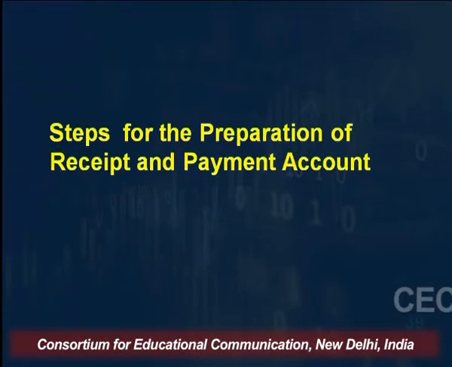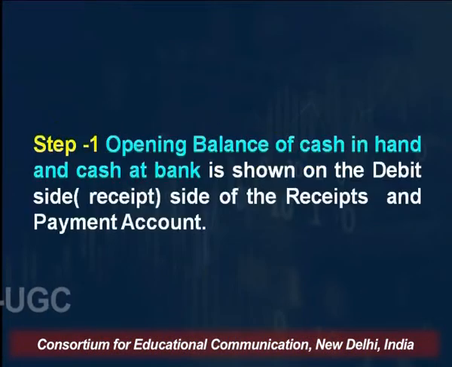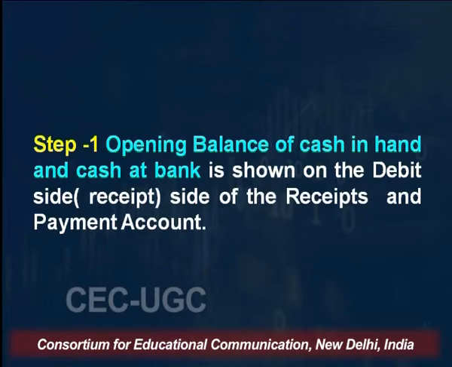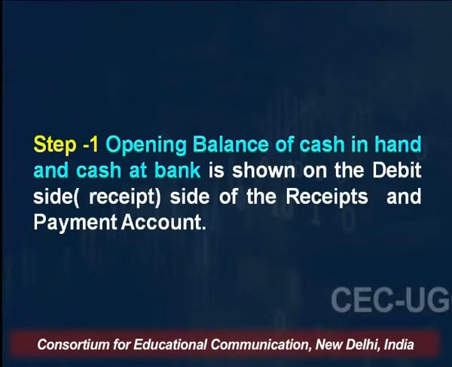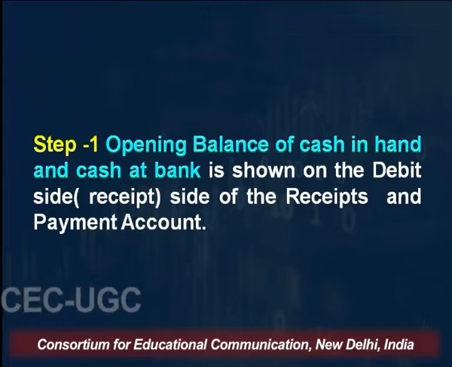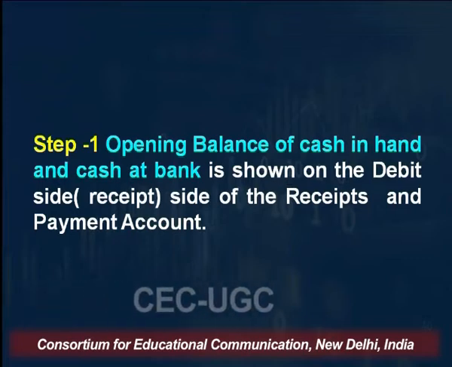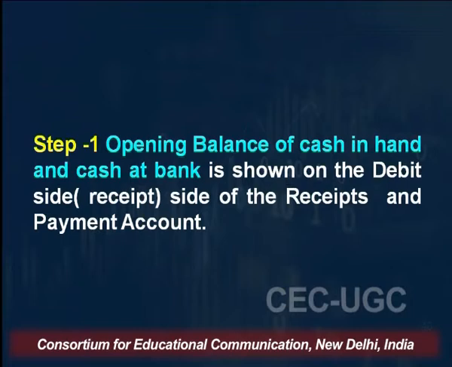The first step to be followed in the preparation of receipt and payment account is to begin with the opening balance of cash in hand and cash at bank, which is to be shown on the debit side, that is the receipt side. These opening balances are generally given in the additional information.